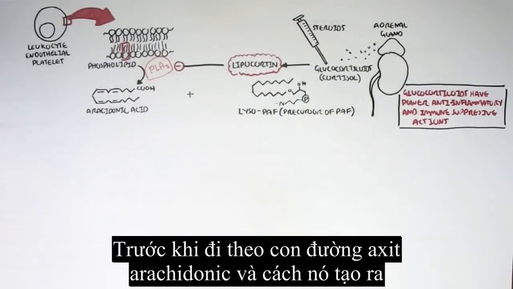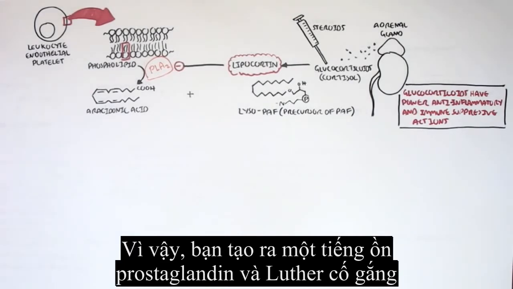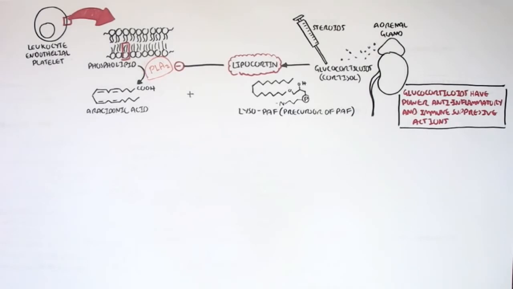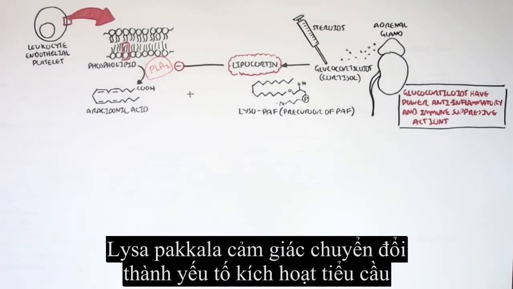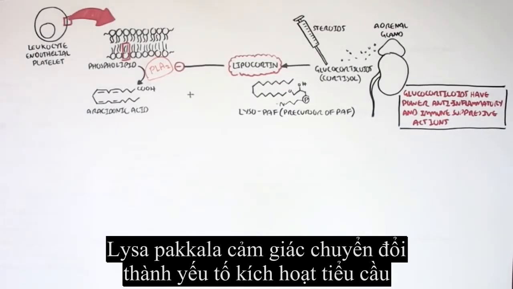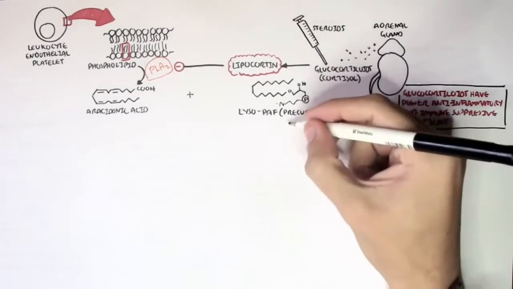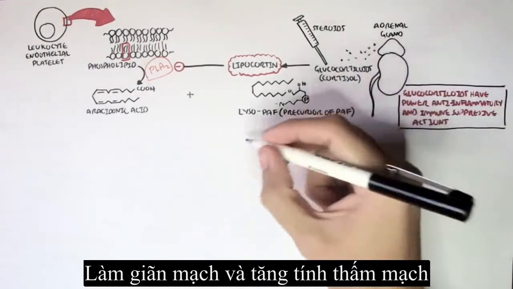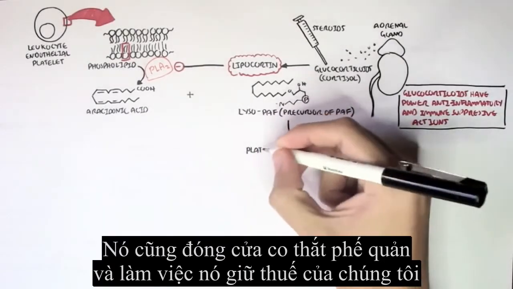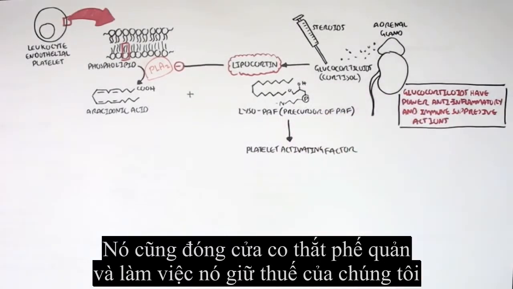Now, before following the arachidonic acid pathway and how it produces the eicosanoids, the prostaglandins, and the leukotrienes, we will firstly see what lyso-PAF does. Lyso-PAF will essentially convert to platelet activating factor. Platelet activating factor causes vasodilation, it increases vascular permeability, it also causes bronchoconstriction and works as a chemotaxin.